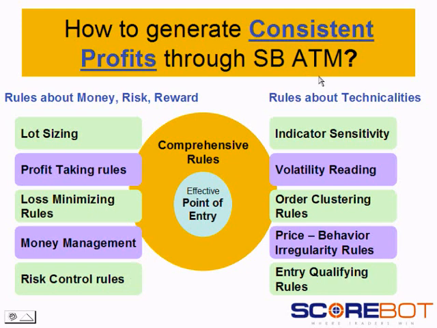And on the right hand side, there are rules about technicalities. How sensitive is your indicator? What kind of volatility reading that you prefer? How would you avoid an order clustering? How to spot irregularity on the price behavior? And of course, how to qualify your order before an entry is being activated.